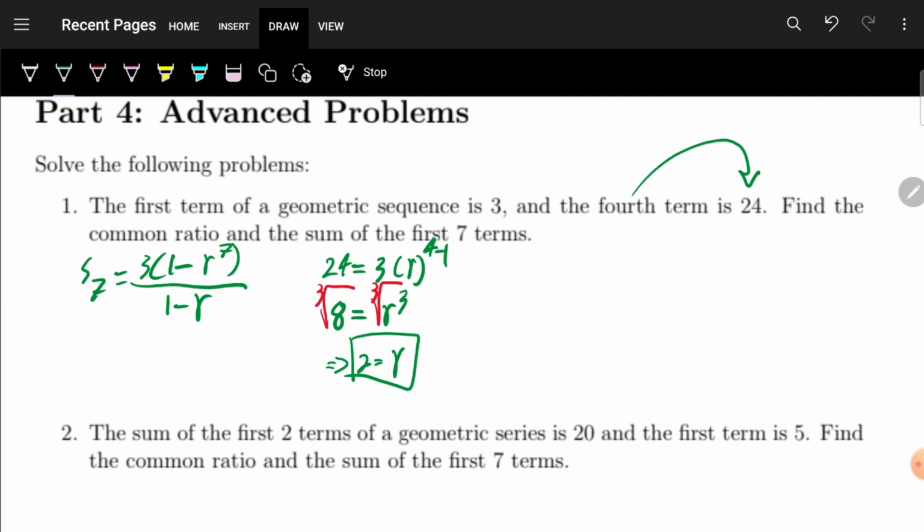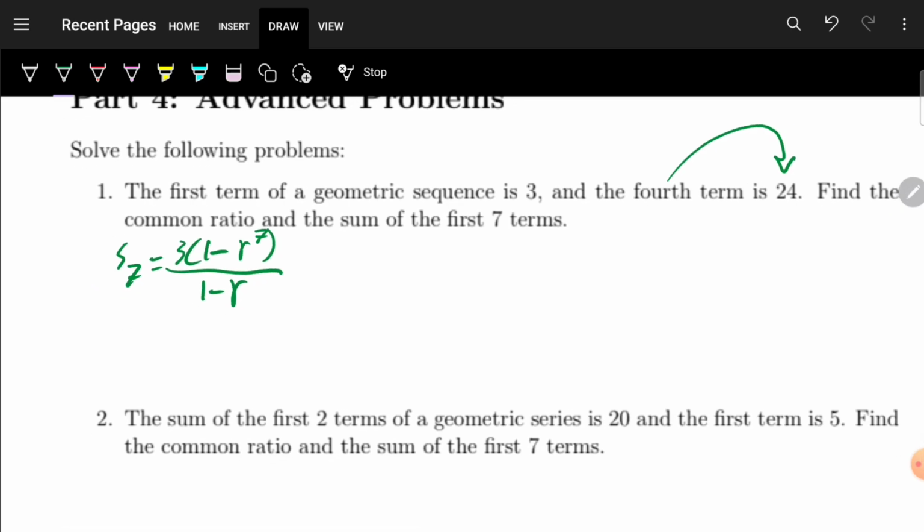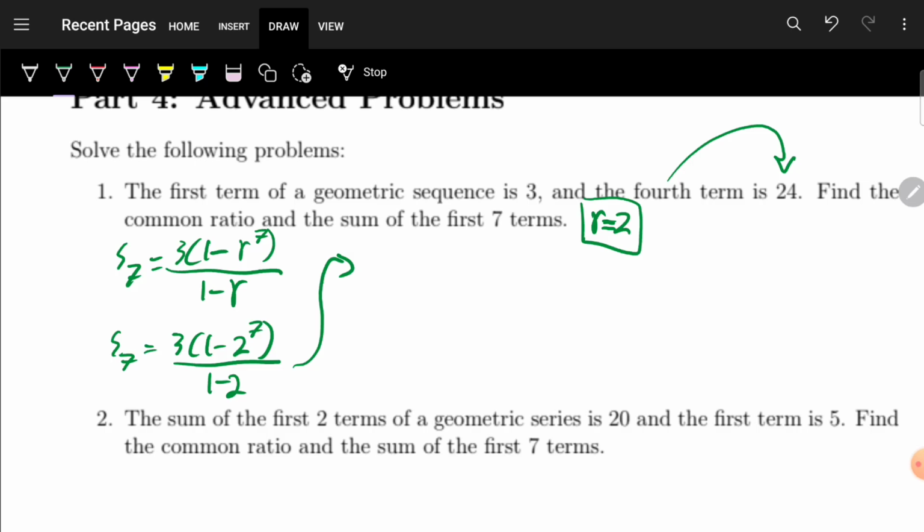So I'm going to erase these. We know the common ratio is 2, so r is 2. So S7 is 3 times 1 minus 2 to the 7, all over 1 minus 2. Let's see what this comes out to.